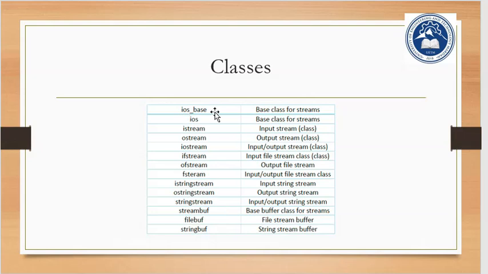This is the ios base class for streams. istream is the input stream. ostream is basically the output stream. iostream can be used for both input and output. ifstream is the input file stream class, ofstream the output file stream, fstream the input output file stream class. istringstream is the input string stream, ostringstream the output string stream. When you are using sstream or fstream, these will be used for both inputs and outputs.